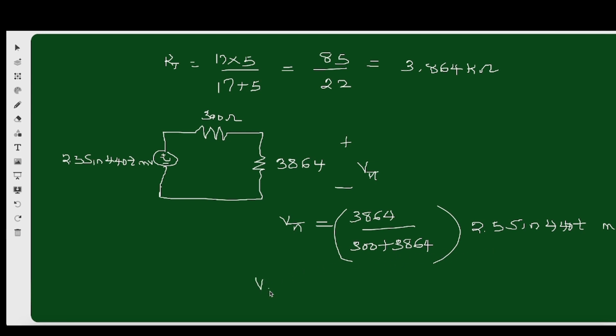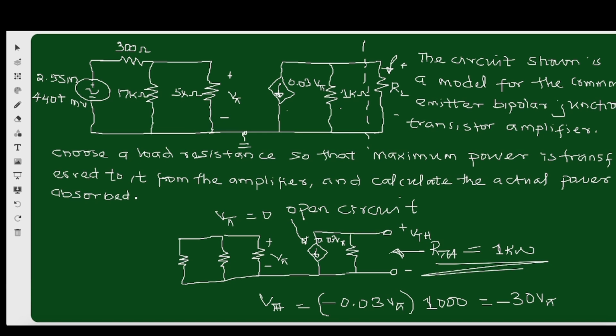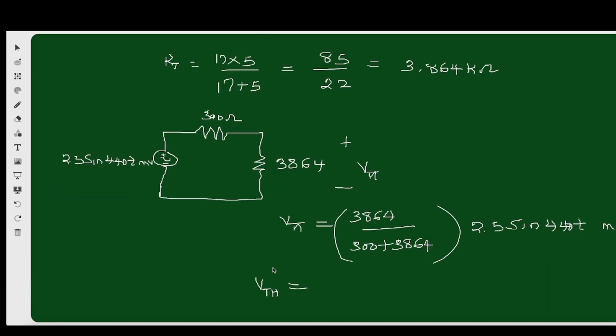So we remember that our VTH, what is our VTH? VTH is equal to minus 30 V pi. So if you multiply minus 30 with this V pi here, you'll be having minus 69.6 sine 440 t millivolts.